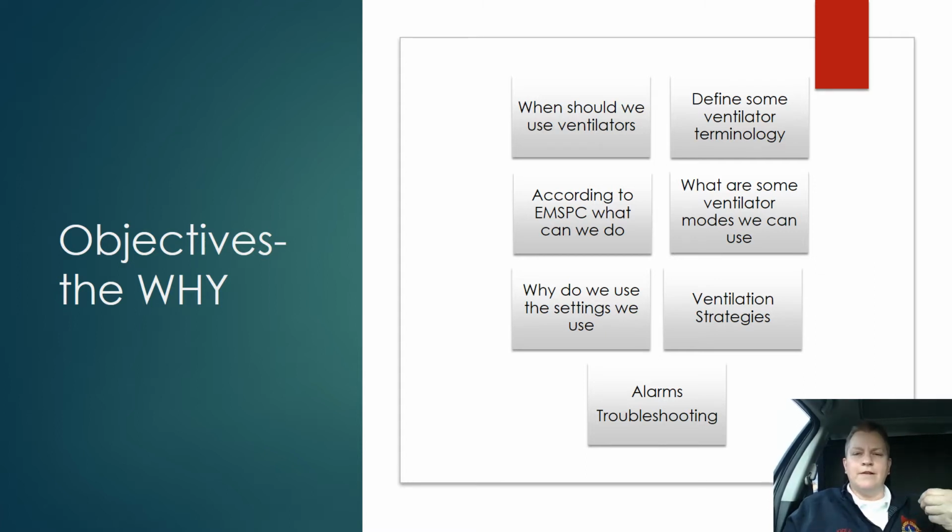But what happens when we do have to do that? We're going to define some ventilator strategies. We're going to go over some definitions and terminology, and I'm going to try to explain what modes of ventilation are, and some of the basic ones, and what can we use according to the EMS Physician Commission, those guys that set our scope of practice, and what things we can and cannot do as paramedics.